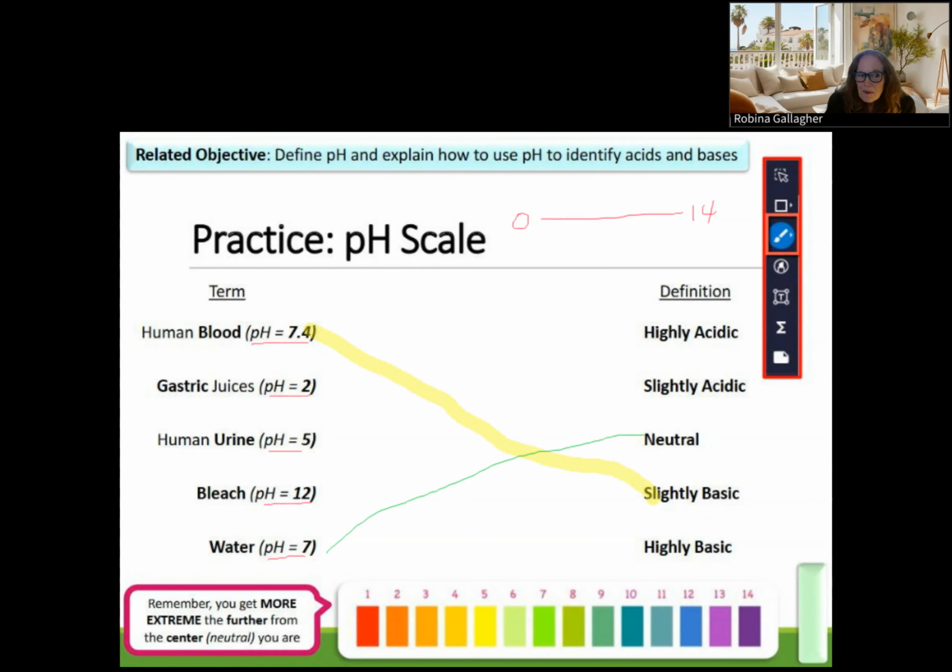Human blood is slightly basic. Water, pure water, has a pH of 7, and that is neutral. Gastric juices, the hydrochloric acid that you have in your stomach, is highly acidic, whereas your urine is only slightly acidic with a pH of 5.